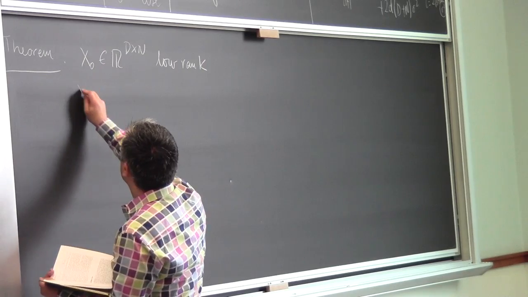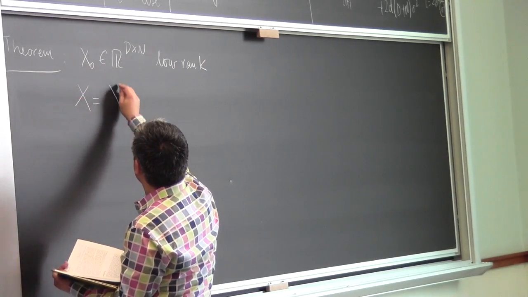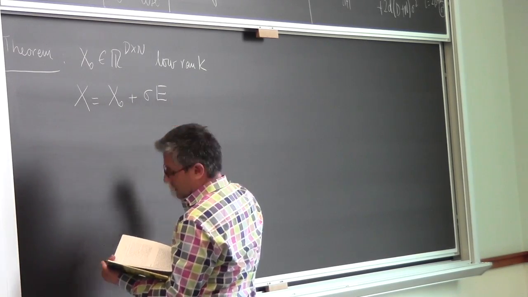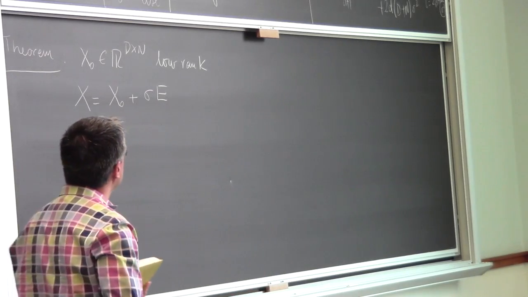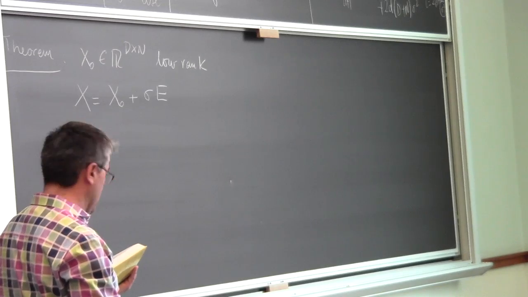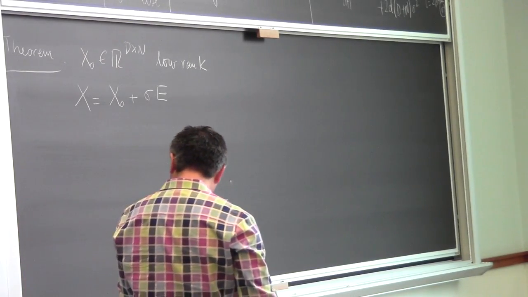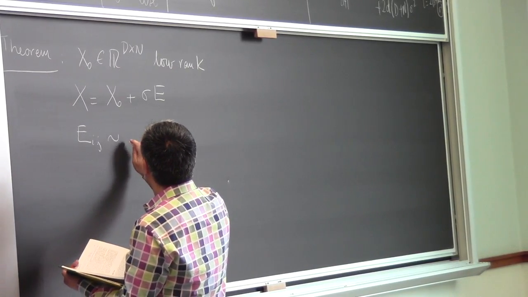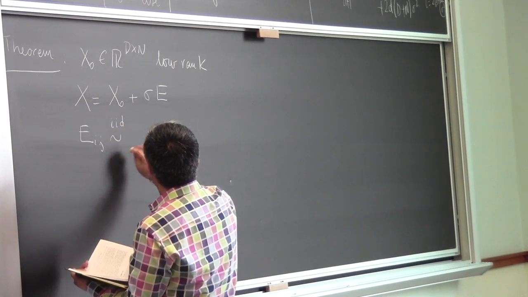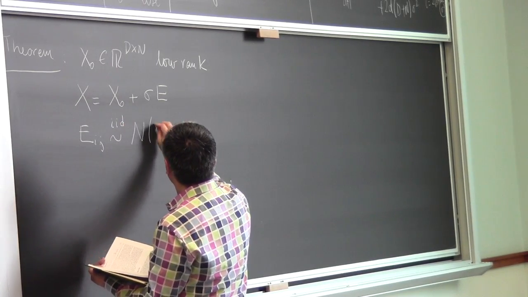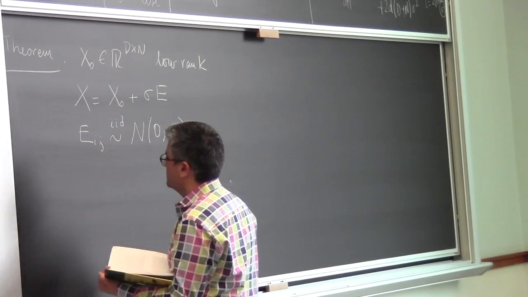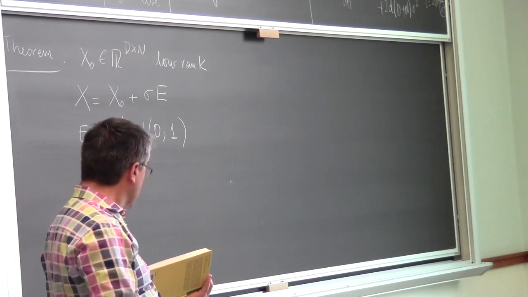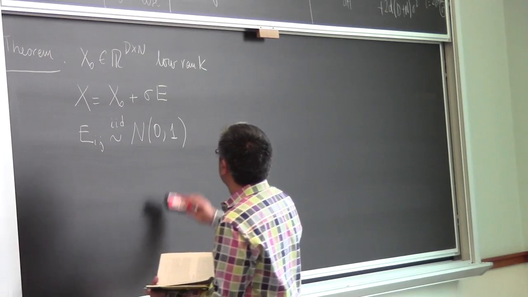Suppose that I measure a corrupted version of that low rank matrix, which is written as follows. I take the low rank matrix and I add noise, where the E_ij's are IID samples from a Gaussian distribution that is zero mean and has standard deviation 1 over square root of n.